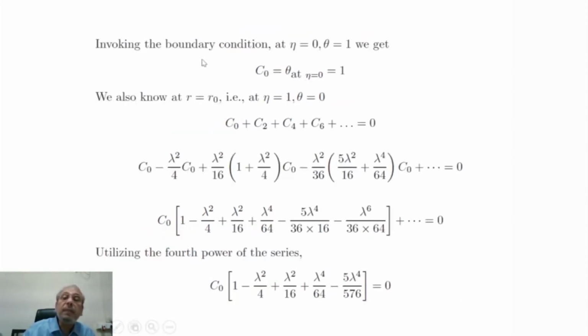Now invoking the boundary conditions, we have not applied them to this series as yet. Boundary conditions are eta equal to 0, that is r equal to 0, T equal to Tc, that means theta equal to 1.